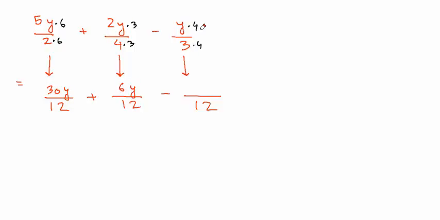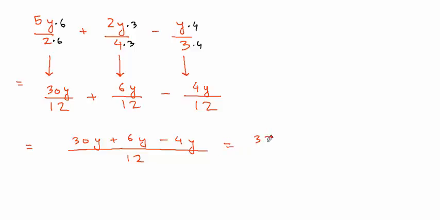Y times 4 is the same as 4y. They're all on the same denominator now. Therefore, we can write one single fraction with a 12 on the bottom. 30y plus 6y minus 4y. And that is equal to 32y over 12.